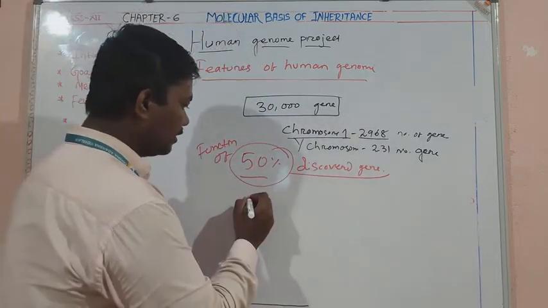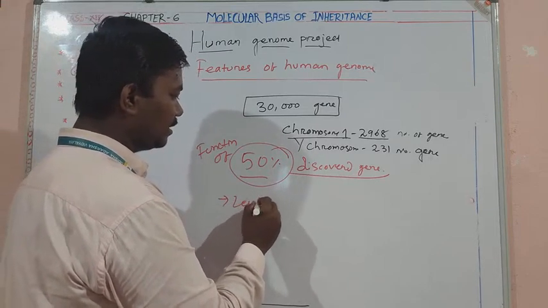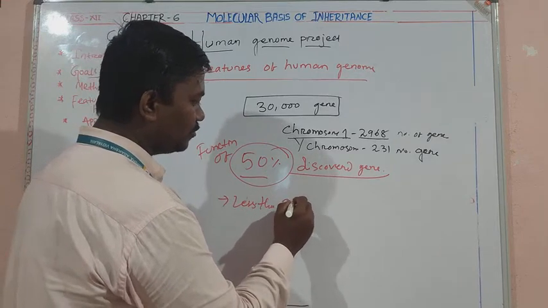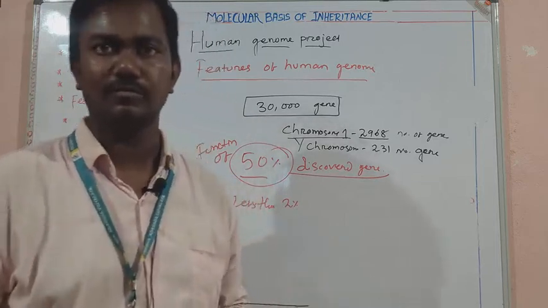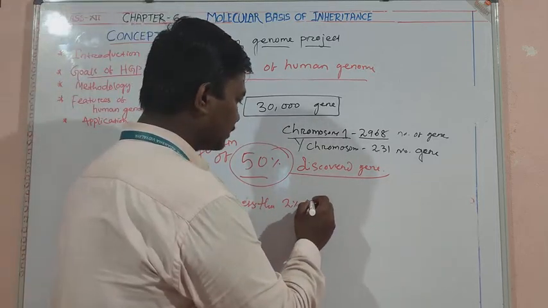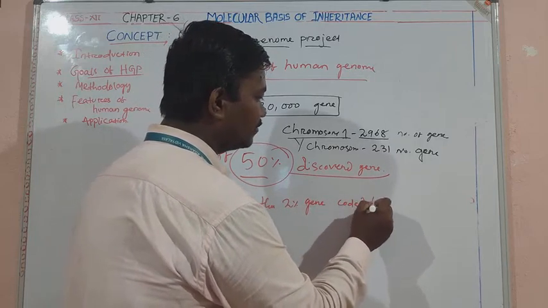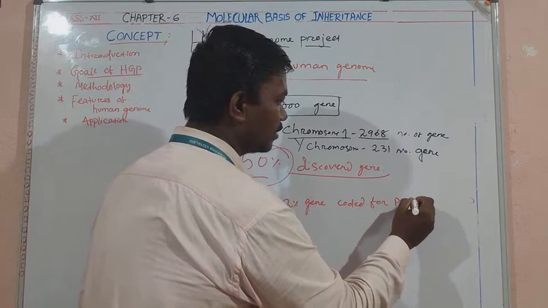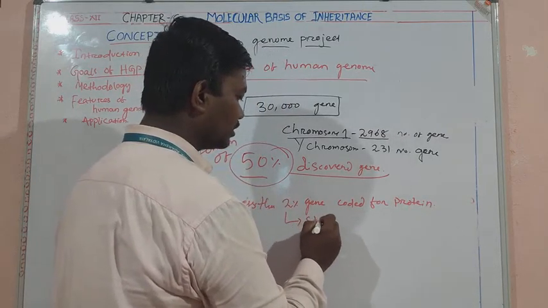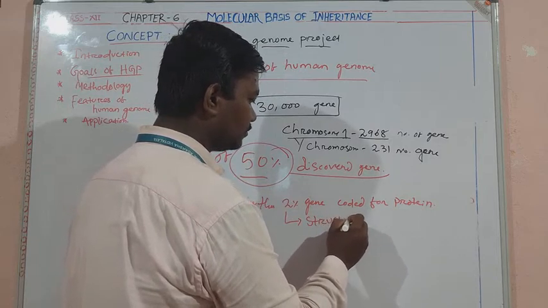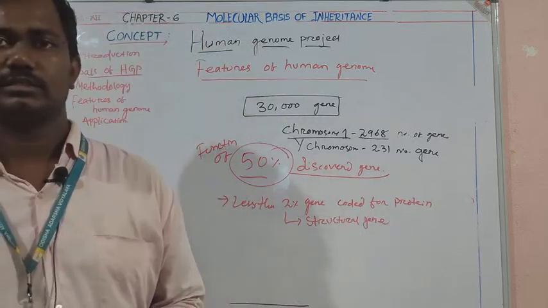Only less than 2% of the total genome codes for protein, which are known as structural genes. Got it?